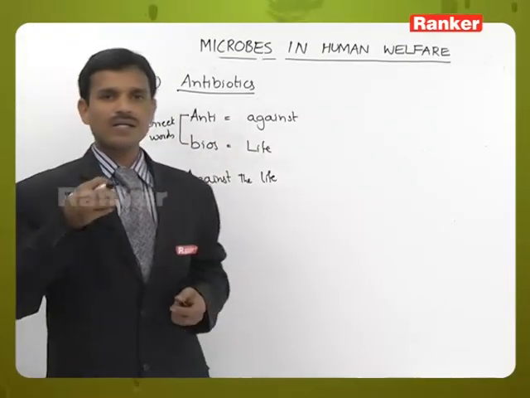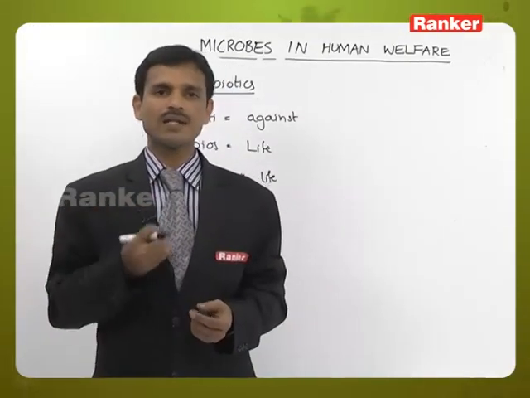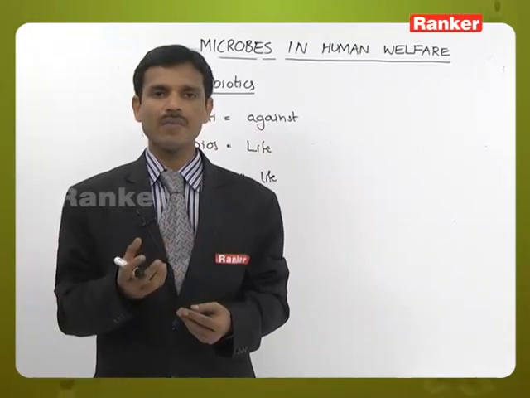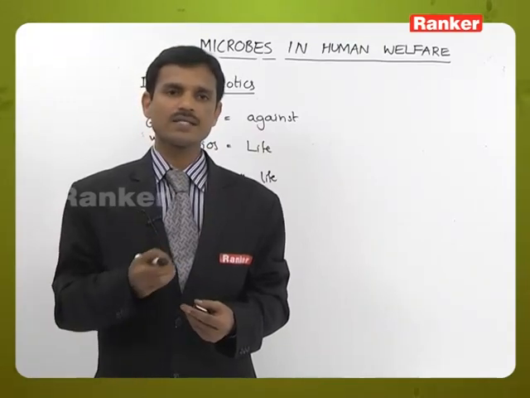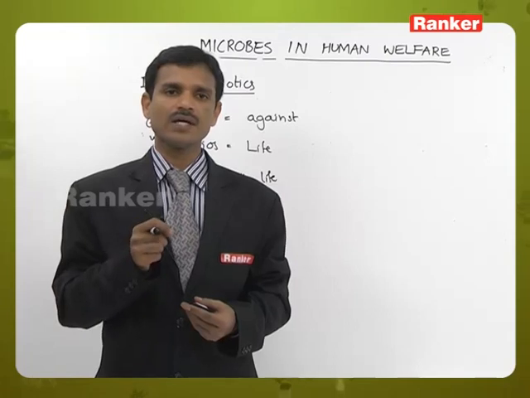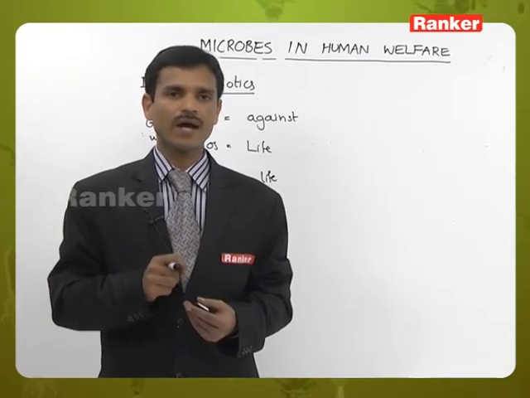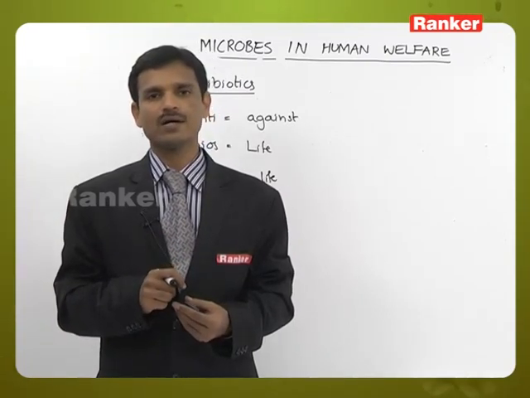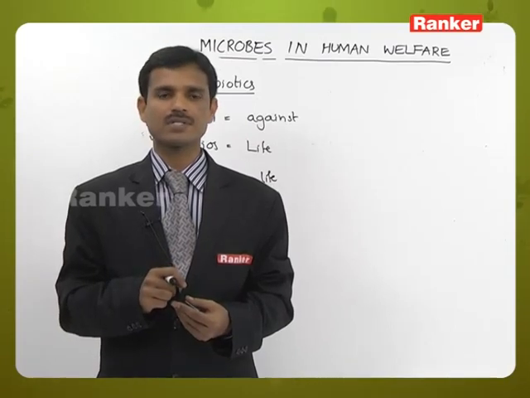So why are they not killing human beings or other animals? Antibiotic is against the life, but it is killing only harmful bacteria and pathogenic bacteria or pathogenic fungal members.